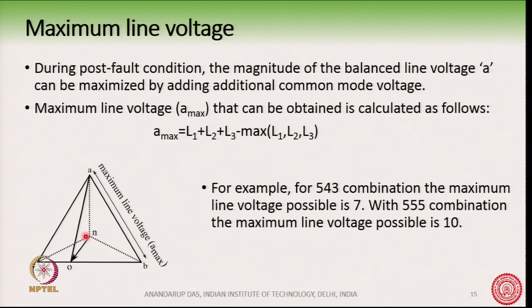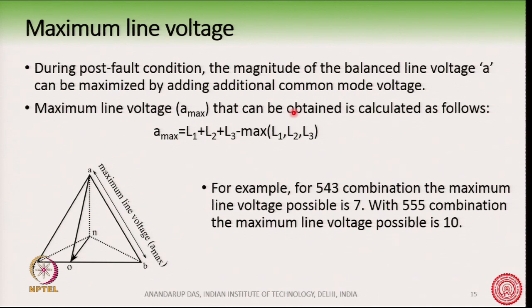Now, what does this A max mean? A max is L1 plus L2 plus L3 minus max of L1, L2, L3. So, with a 5-4-3 combination, the maximum voltage that is possible, that is A max, is 7.